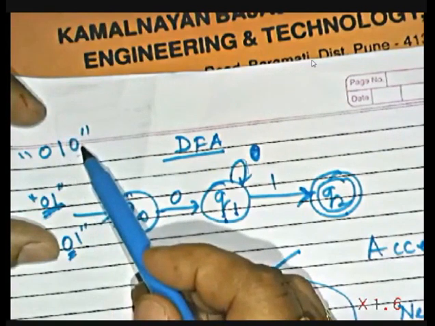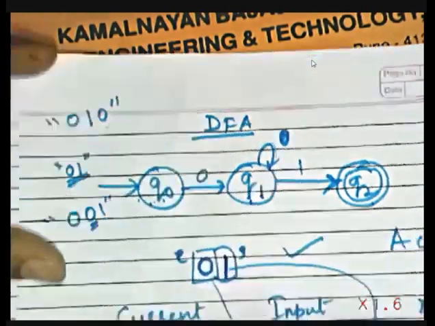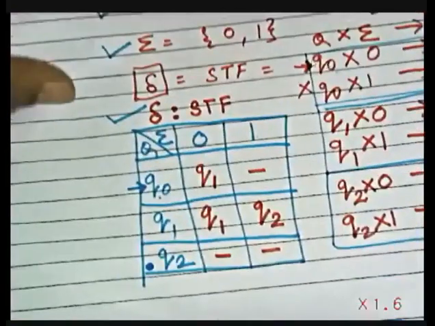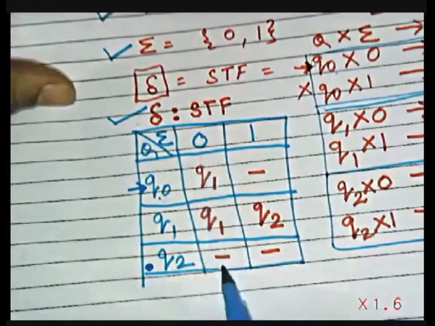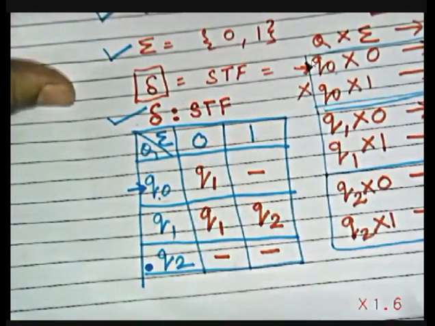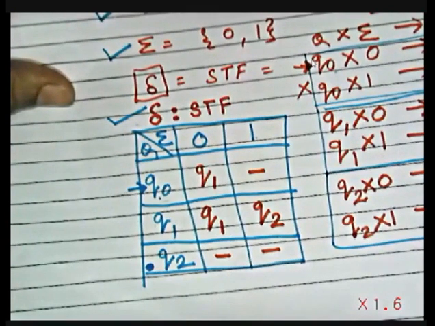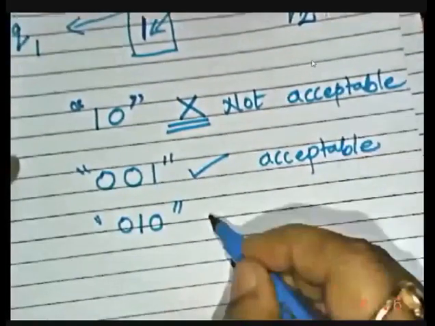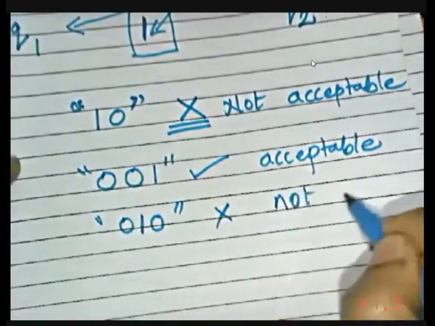So you will say clearly that this particular string is not acceptable. See here, we have shown Q2 on 0, no indication, Q2 on 1, no indication. But your input is available and you have not read it. So you have to give the answer for this input as not acceptable. Is it clear?